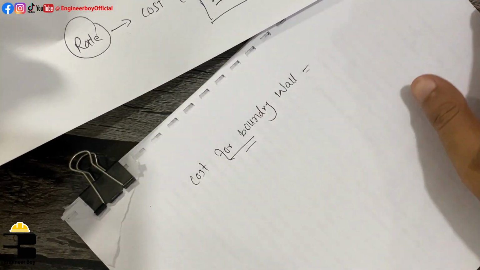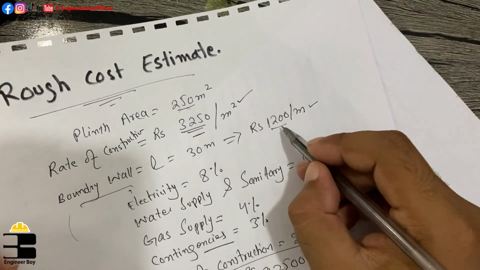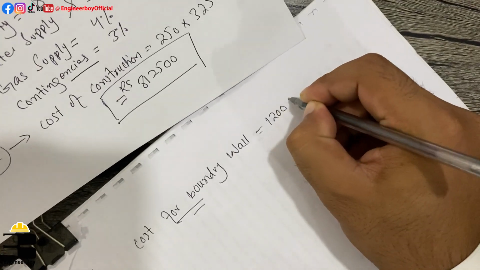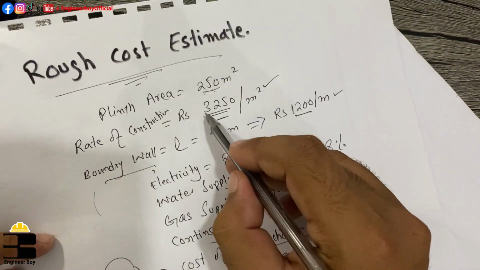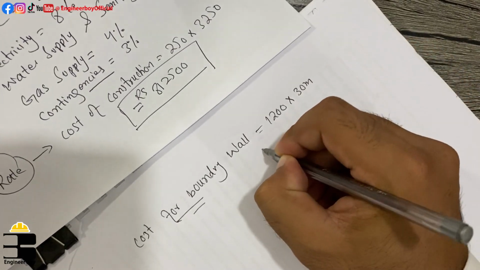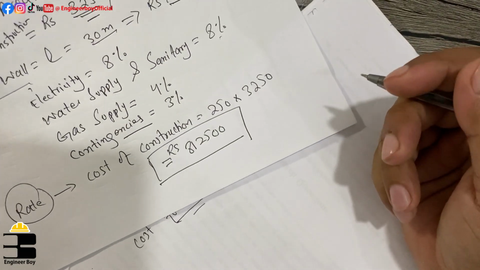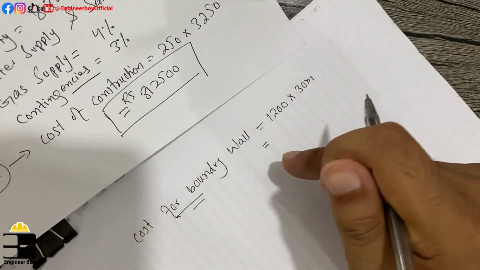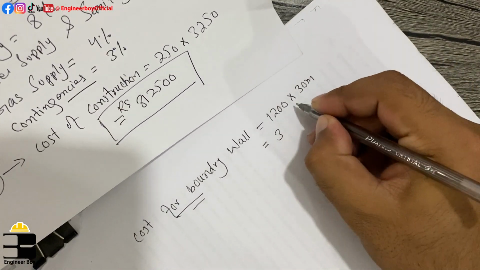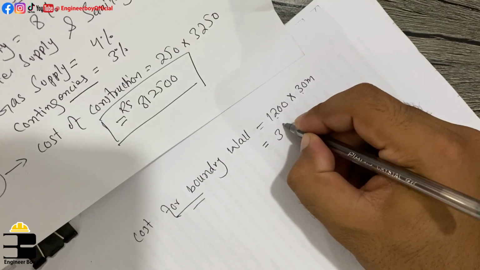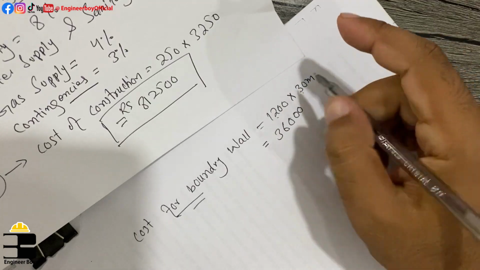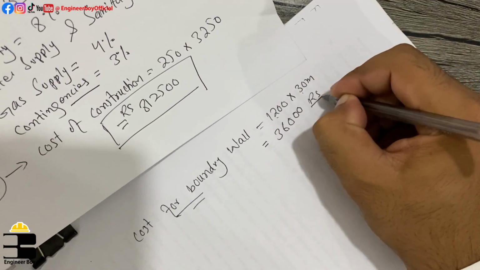The unit rate this time is 1200 RS times the length, which is 30 meters. So the total cost for the boundary wall is 12 threes are 36, that is 36 thousand. This is also in RS.